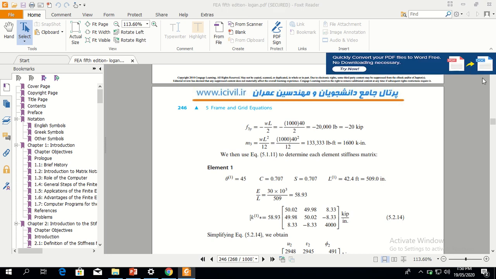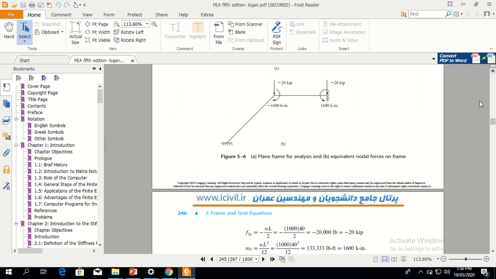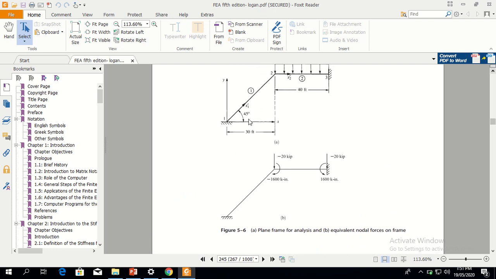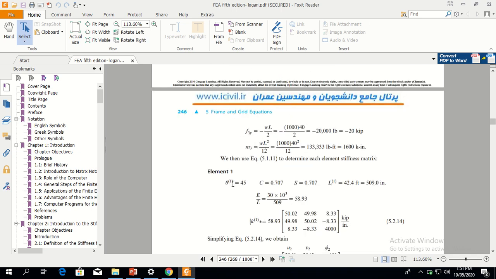You can see in this figure that for element 1 the angle is 45 with x axis. So we will use this angle, theta 1 is 45, and find c and s.